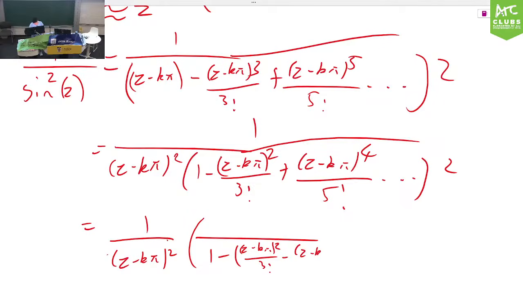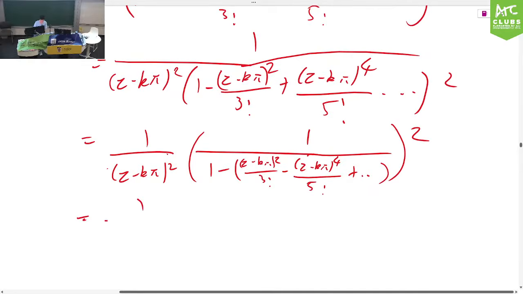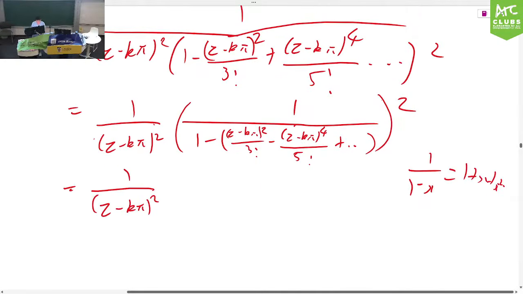Minus (z minus k pi) to the 4 over 4 factorial plus dot dot dot. Now put the square under that whole thing, and then just see that remember 1 over 1 minus x equals 1 plus x plus x squared and so on. It's literally the same form here, except this x is this entire thing.